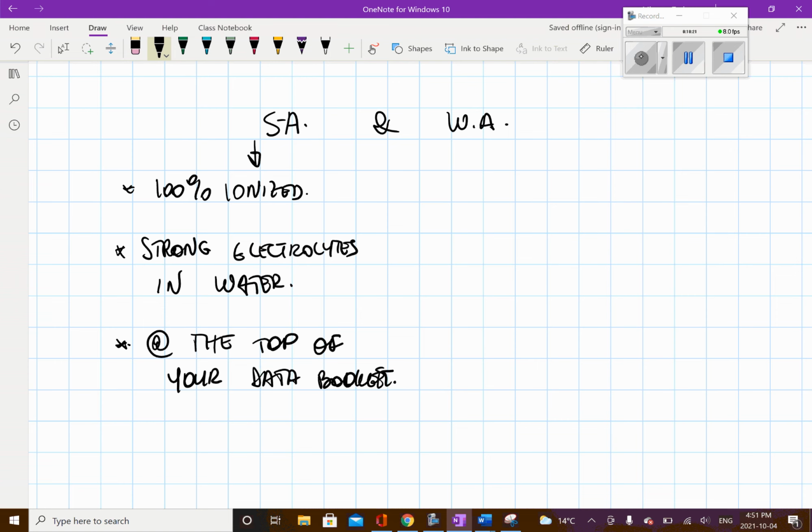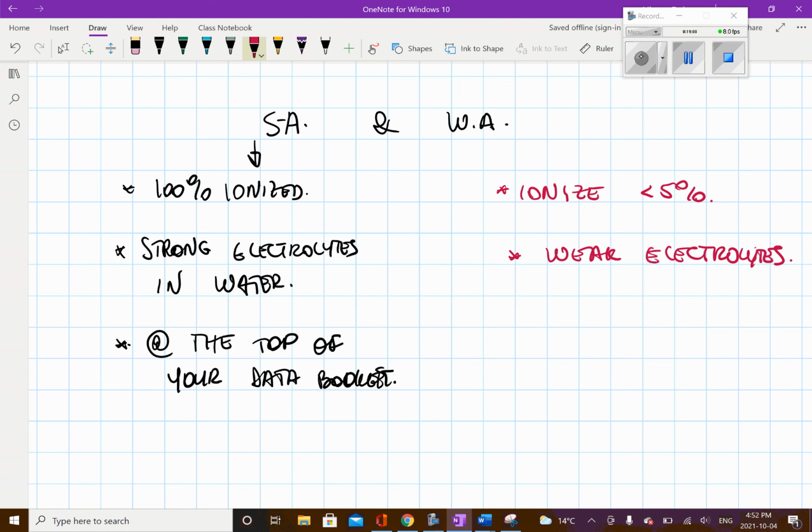the strong acid. On the other hand, with the weak acids the ionization is barely happening there. So they ionize less than 5%. Of course, since their ionization is very low, they are weak electrolytes. So they don't conduct electricity very well.